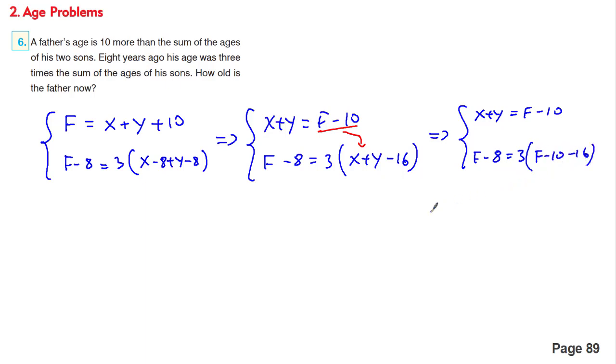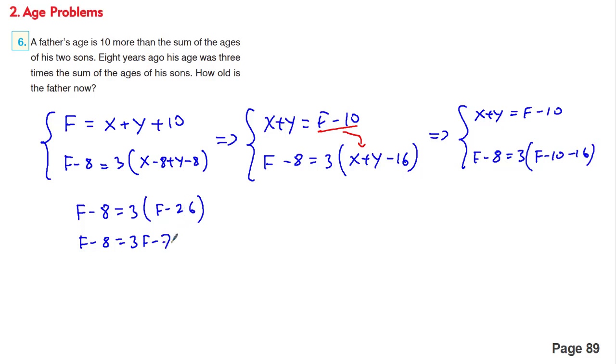Oh, now the second equation is dependent only on F. So a linear equation that we should solve for F. So F minus 8 is 3 times F minus 26.